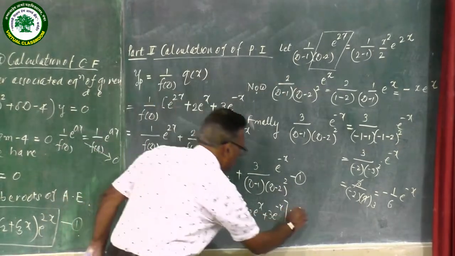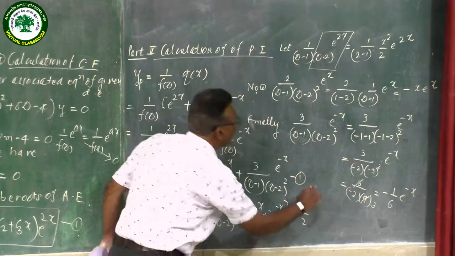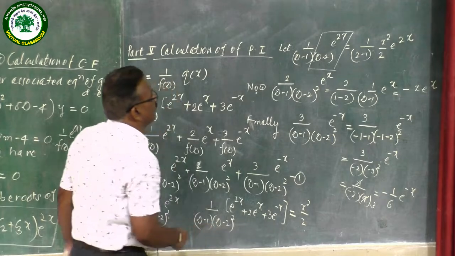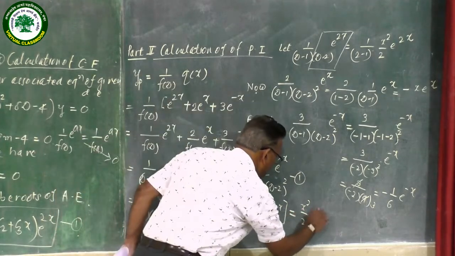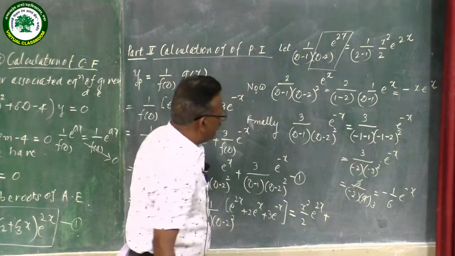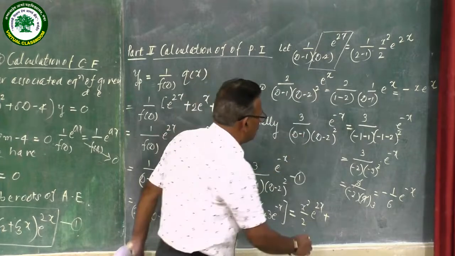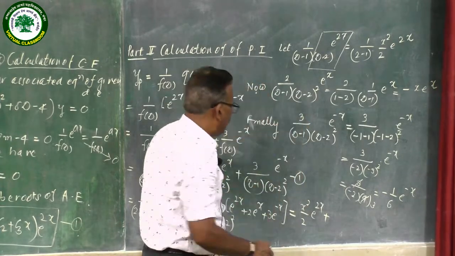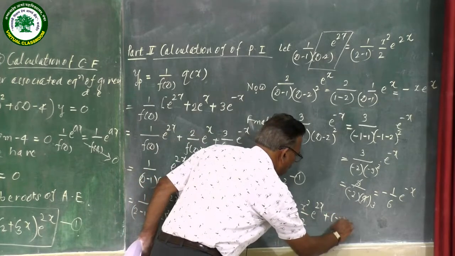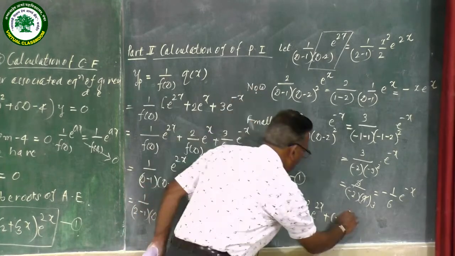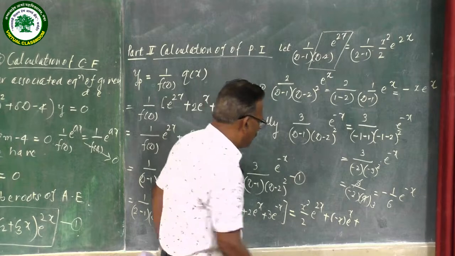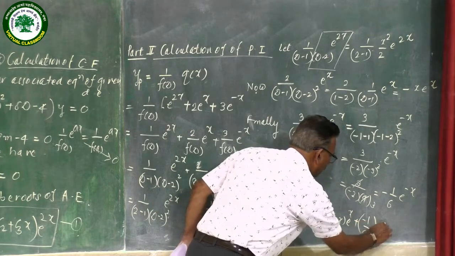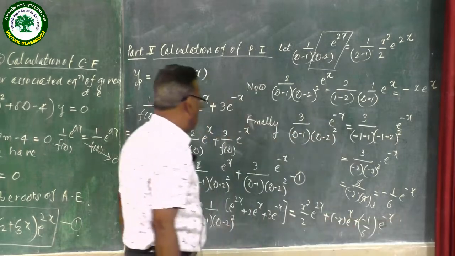The first part is x square divided by 2 e raised to 2x, plus the second part, already calculated here, minus x into e raised to x, and plus the last part, minus 1 upon 6 into e raised to minus x.